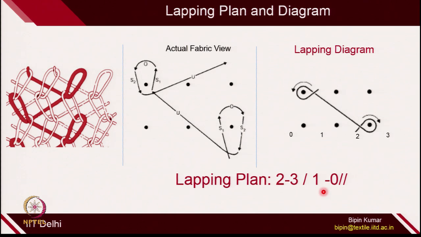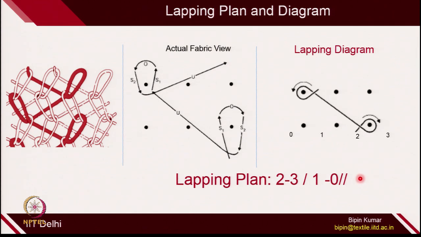So, 2, 3, 1. Once you complete this you finish one course, and then from position 1 you start making the second course. Here 1 to 0 is again an overlap, and after 0 you go back to the second position, so from 0 to 2.